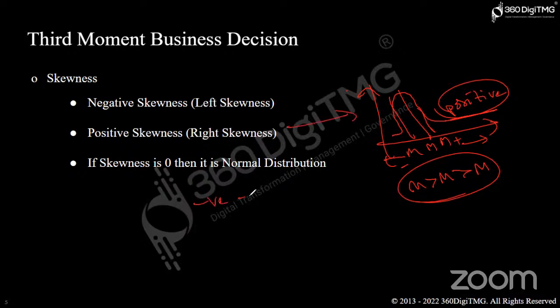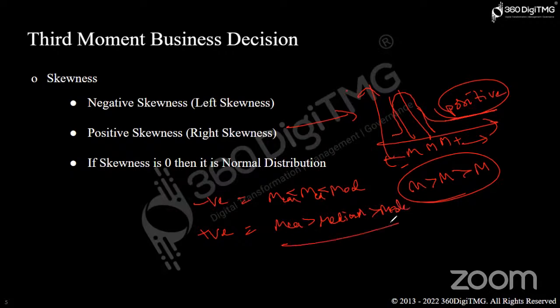For negative skewness, the mean value is less than the median, less than the mode. In positive, it will be greater. The mean value will be greater than the median, and greater than the mode.